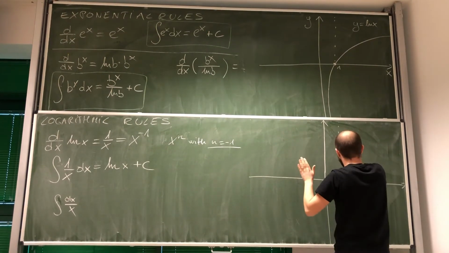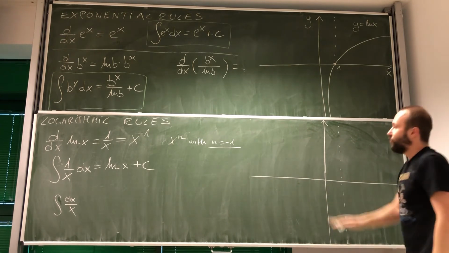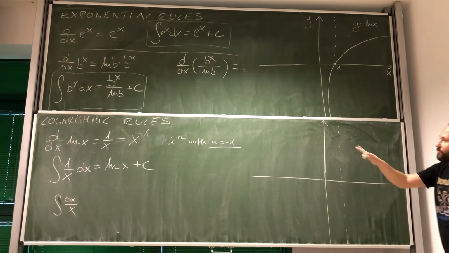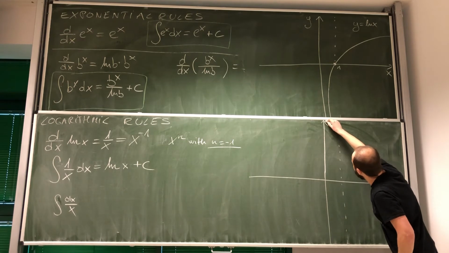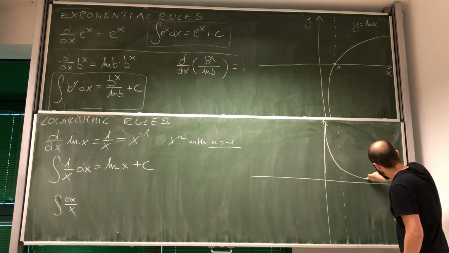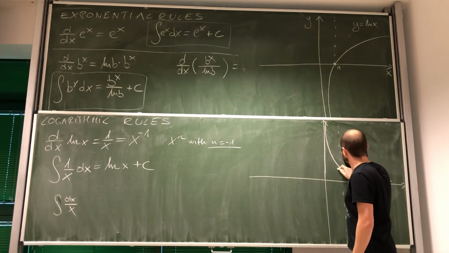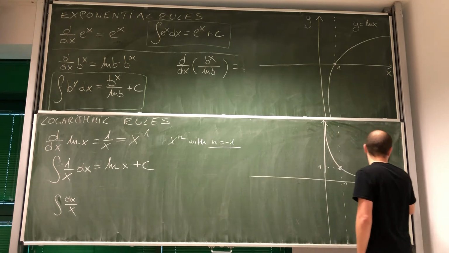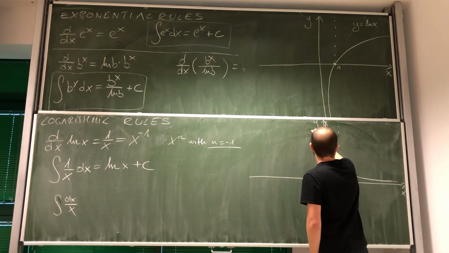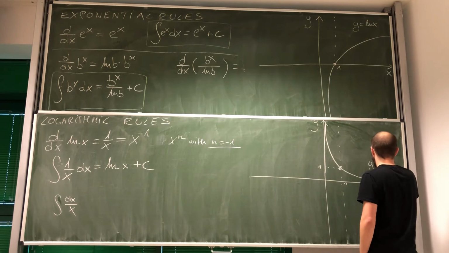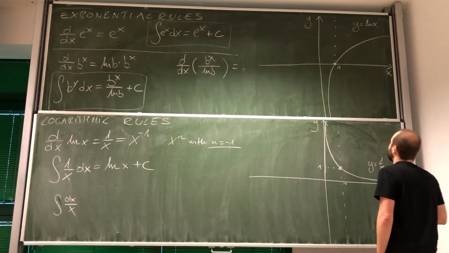And we were able to find the solution. We found that this is 1 over x. So here we have 1 and 1, x, y. And this function is y equals 1 over x.